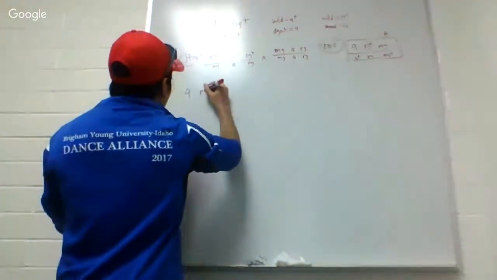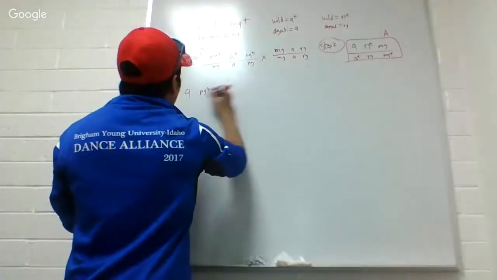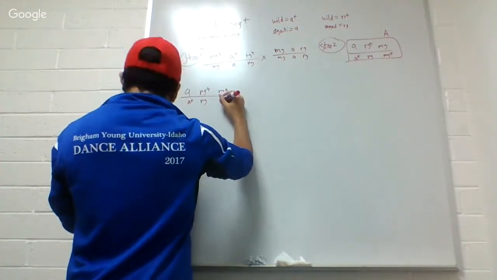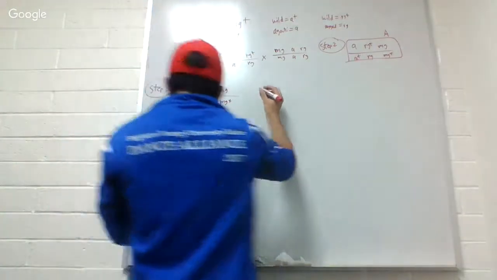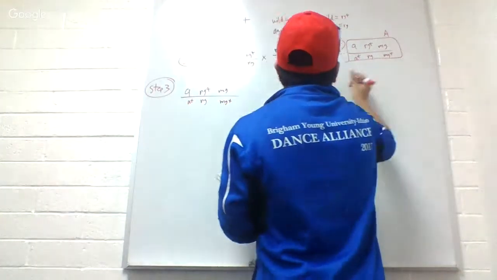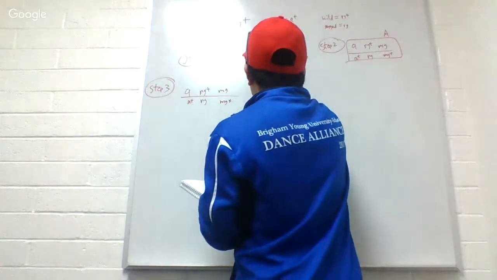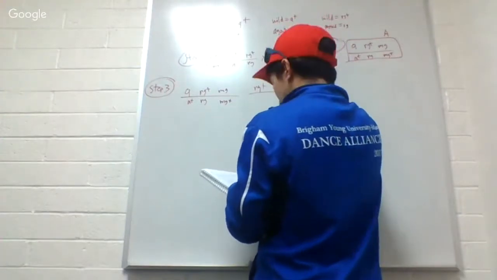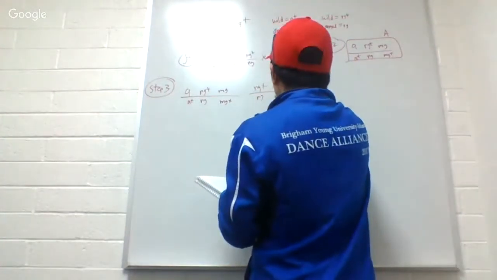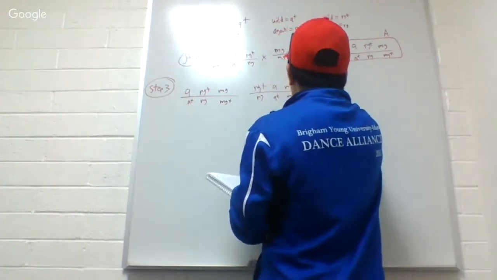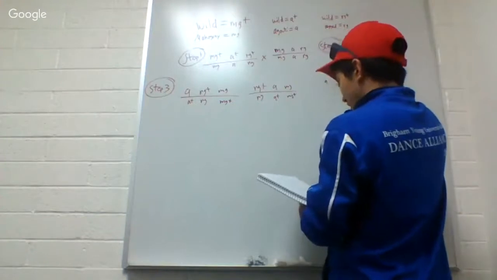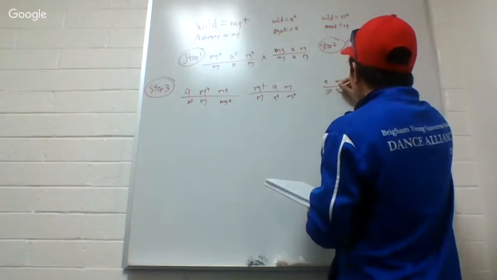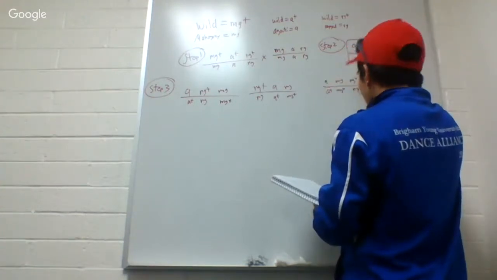We have A, Rg plus, Mg, over A plus, Rg, Mg plus, or we have Rg plus A, Mg over Rg, A plus, Mg plus, or A, Mg, Rg plus over A plus, Mg plus, regular Rg.